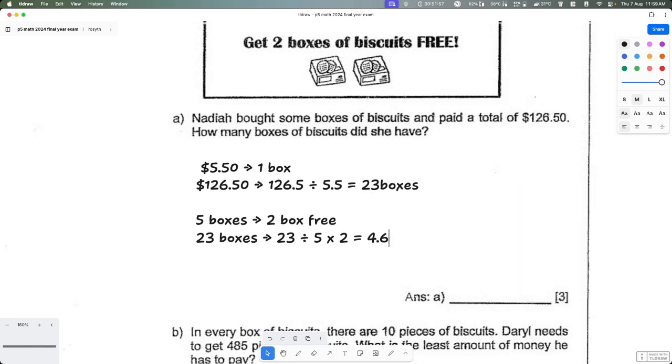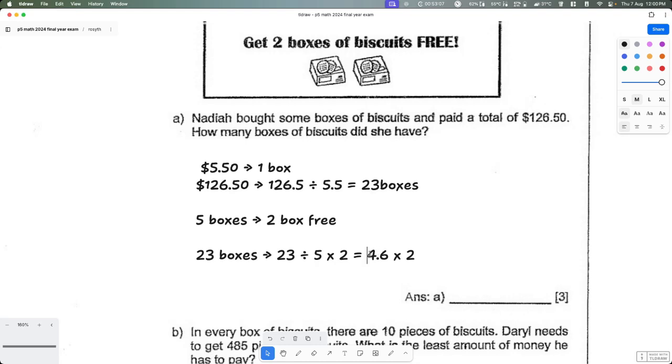So 4.6 times 2. In essence, we need to round. 5 boxes is 2 boxes free. So the thing is that we won't get 0.6, so it's just 4 times 2, right?